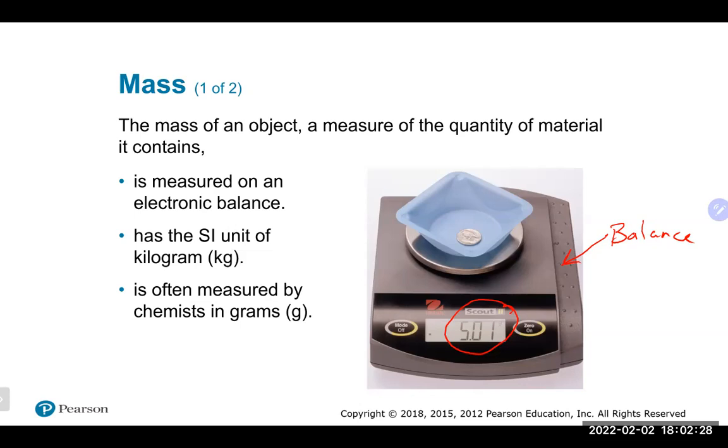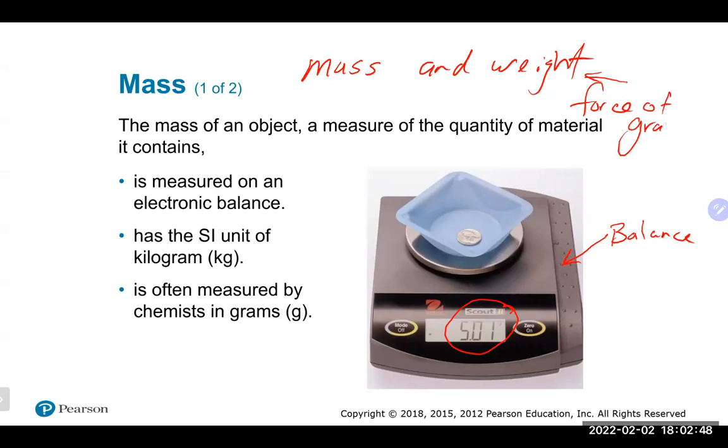Now, there is a difference between two words that are sometimes commonly used together, mass and weight. When we measure the weight of an object, it does take into account the force of gravity, while the mass is independent of gravity.